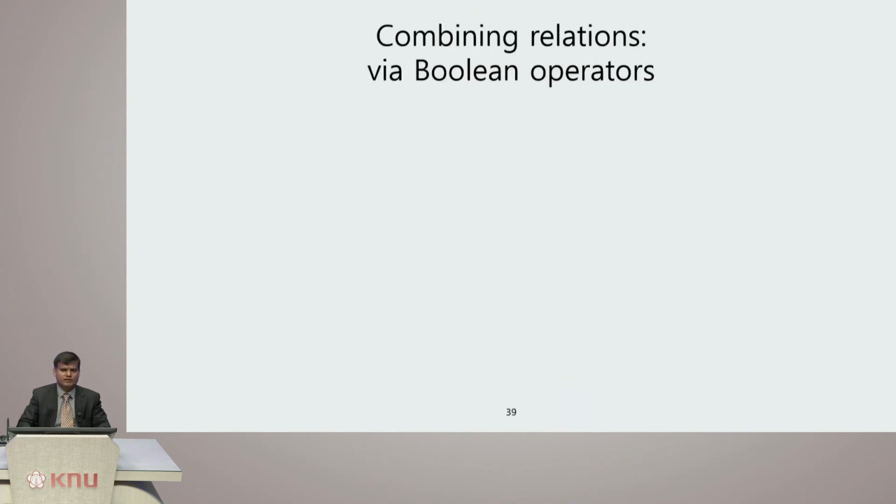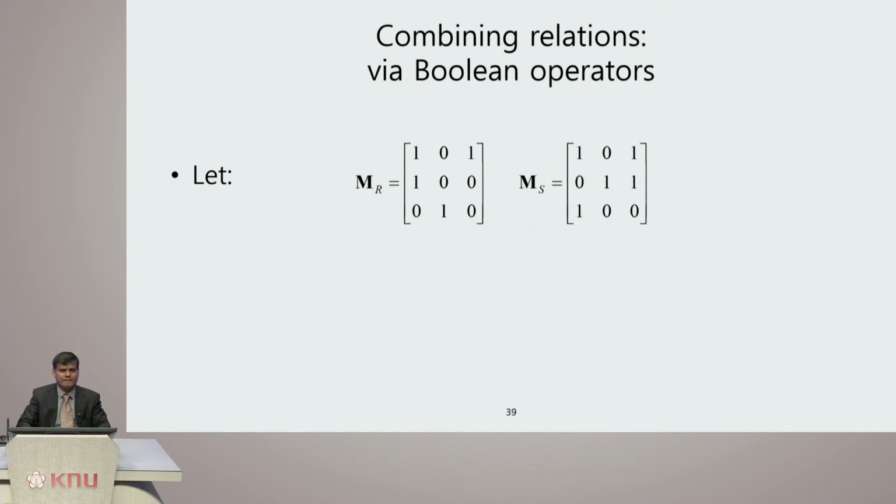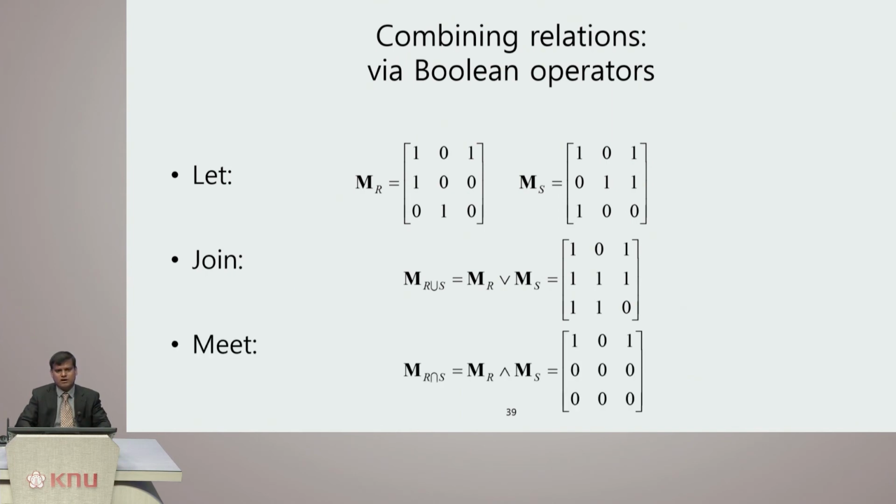Let's combine Boolean properties and relations. Let's say MR is the matrix given, and MS is another matrix given to us. Let's say you are taking the OR of these two matrices, Boolean OR. So you come up with a new matrix after taking the OR, and then you have the AND function.